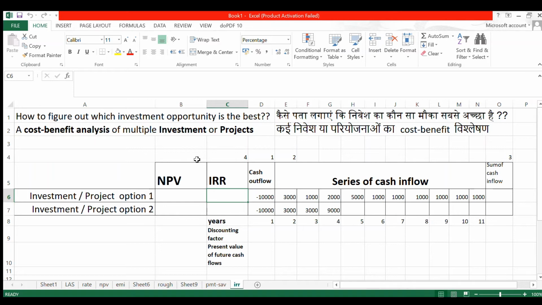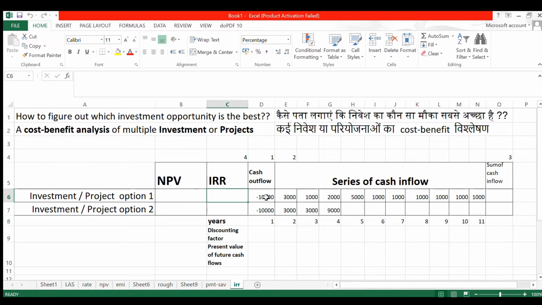Now let us understand the function IRR with an example scenario. We have 10,000 rupees with us to invest in any of the project options, and we have two project or investment options: project option 1 and project option 2.